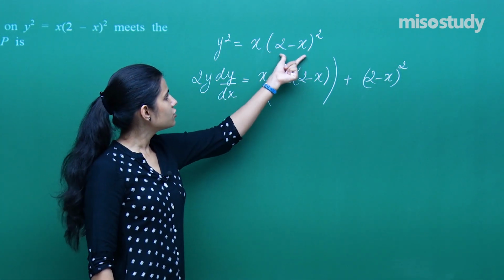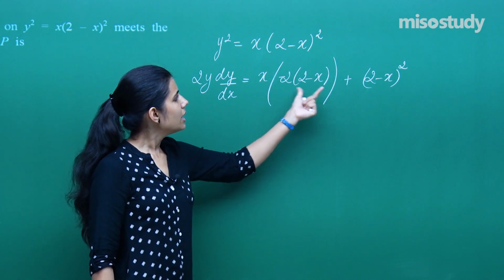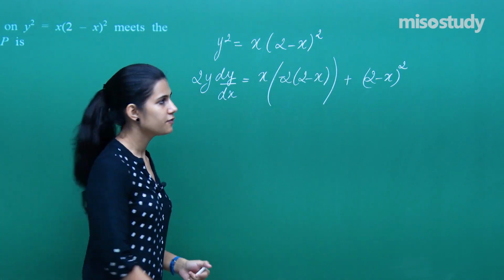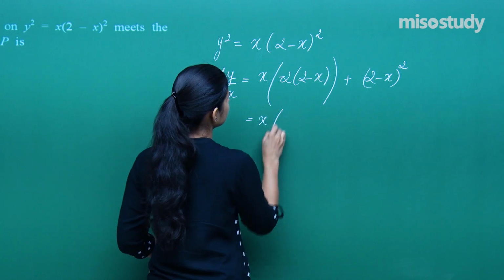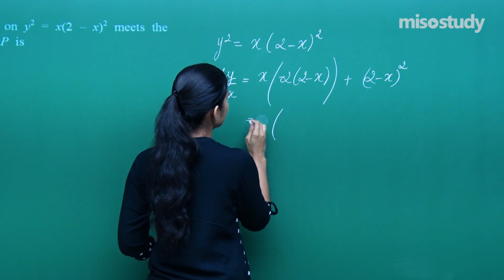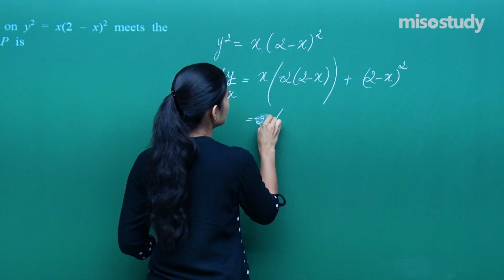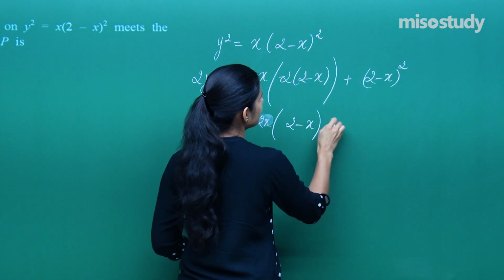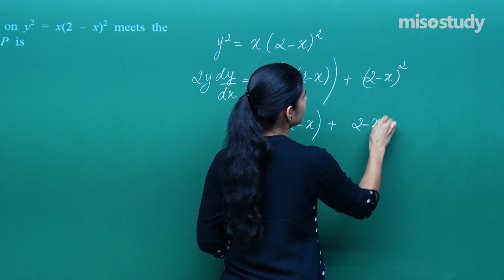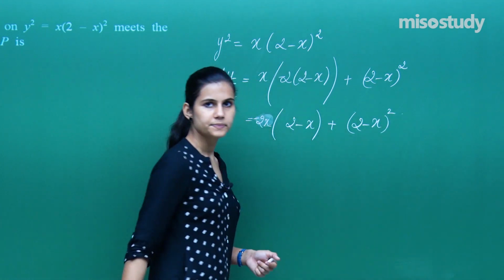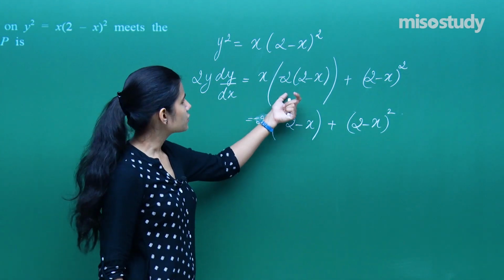So first number into differentiation of the second number plus second number into differentiation of the first. So from here you get minus 2x common. Inside you have (2 minus x) plus (2 minus x) whole square. This is what you get.